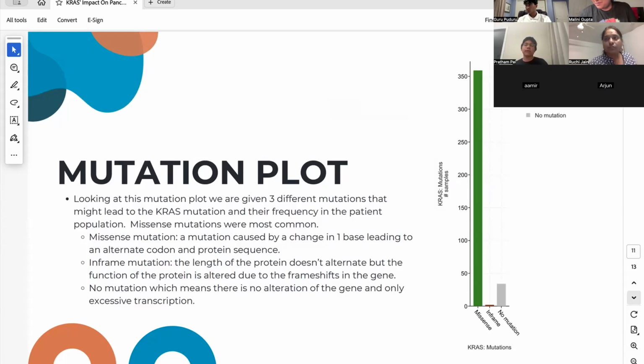And no mutation just means that the body uses that gene more than it usually should, and so that causes the development of tumors. From our studies, we saw that more patients in this study were likely to have the missense mutation in their KRAS gene.